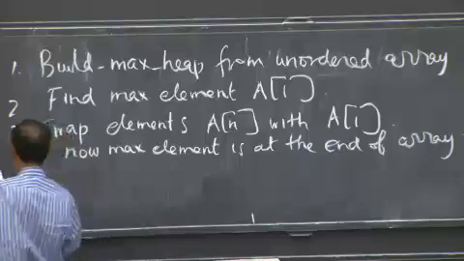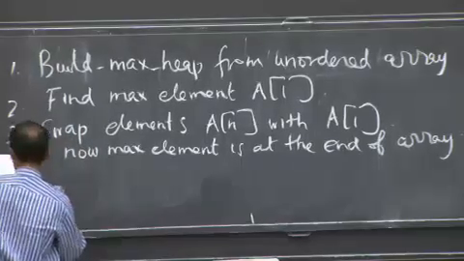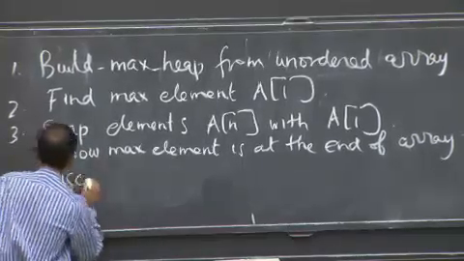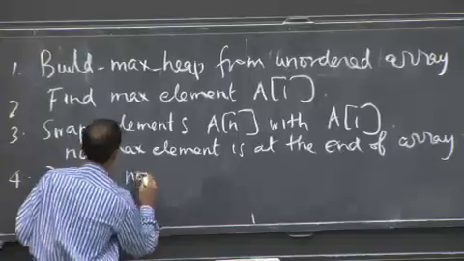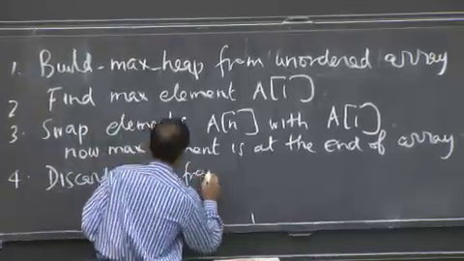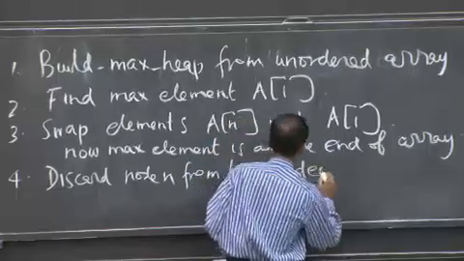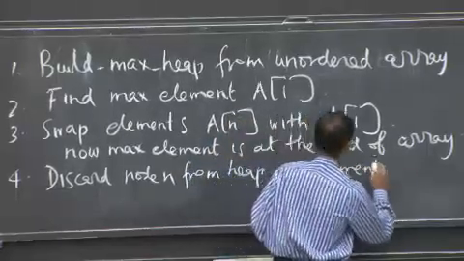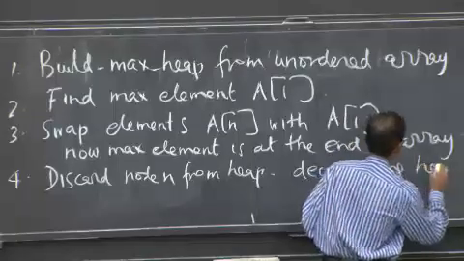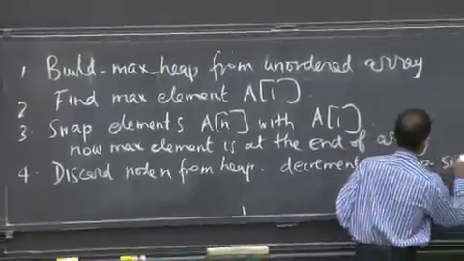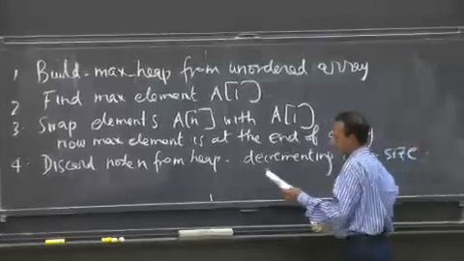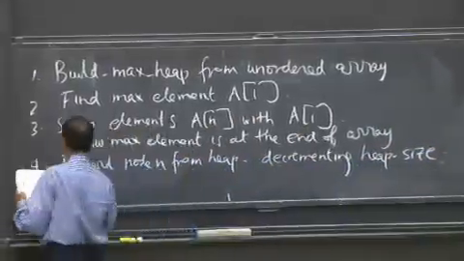That's the one step that I'll have to spend another minute on. Now we discard node n from the heap simply by decrementing heap size. So the heap becomes n minus 1 in size from n in the first iteration.